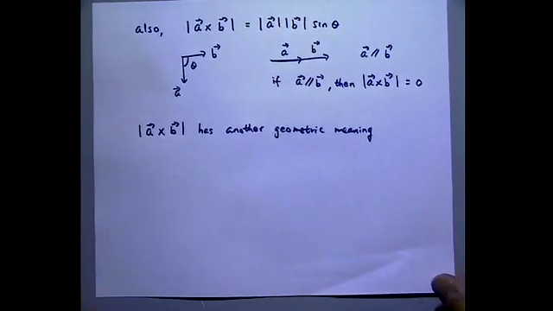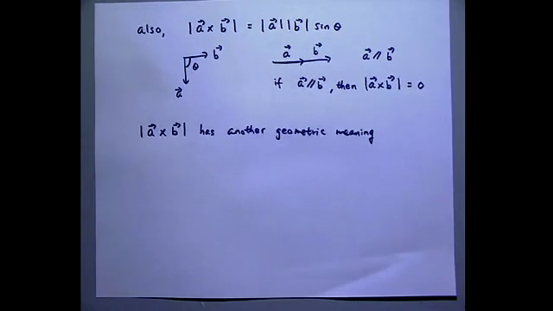In addition to that, we could also use the magnitude of A cross B to find the area of a certain shape.